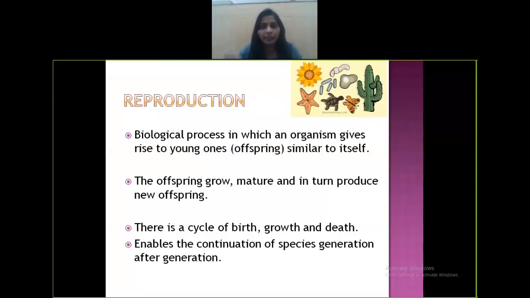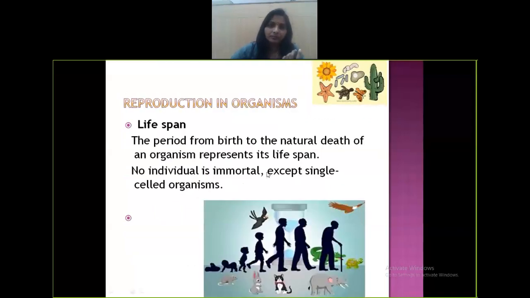Not only human beings, all living organisms, from microorganisms to the higher organisms, that's human beings, everybody undergoes reproduction. Reproduction enables the continuation of species, and that is continued generation after generation. That is why reproduction is a very important phenomenon in a living organism.